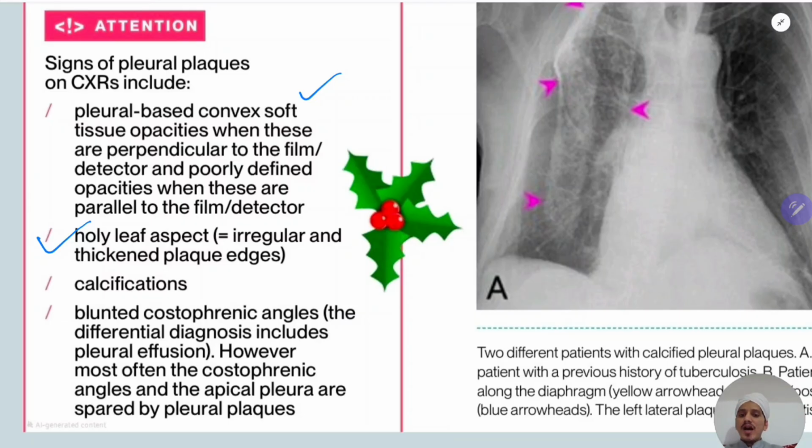Irregular and thickened plaque edges. Calcifications, blunted costophrenic angles. The differential diagnosis includes pleural effusion. However, most often the costophrenic angles and apical pleura are spared by pleural plaques. The most common area affected is the lower side, the pleura which is present at the dome of diaphragm. That is the most common site.